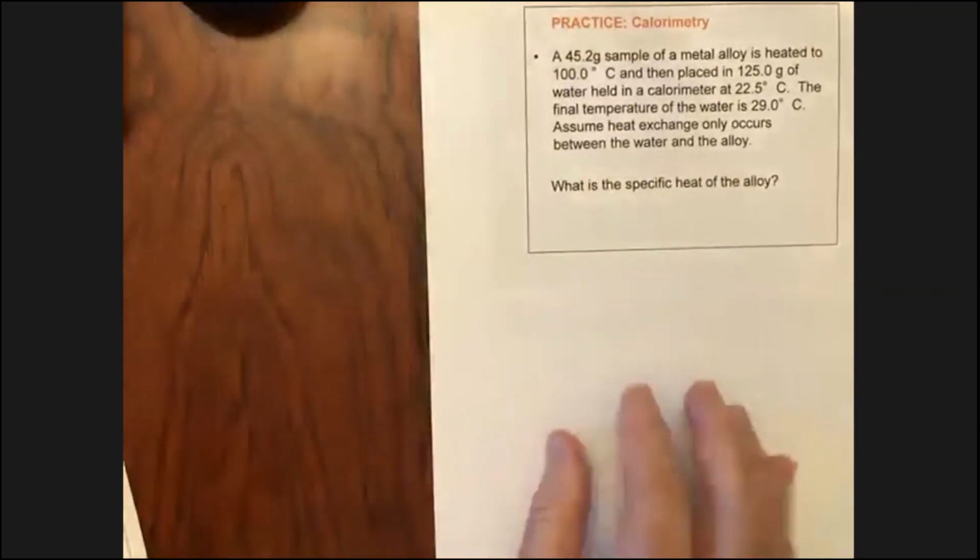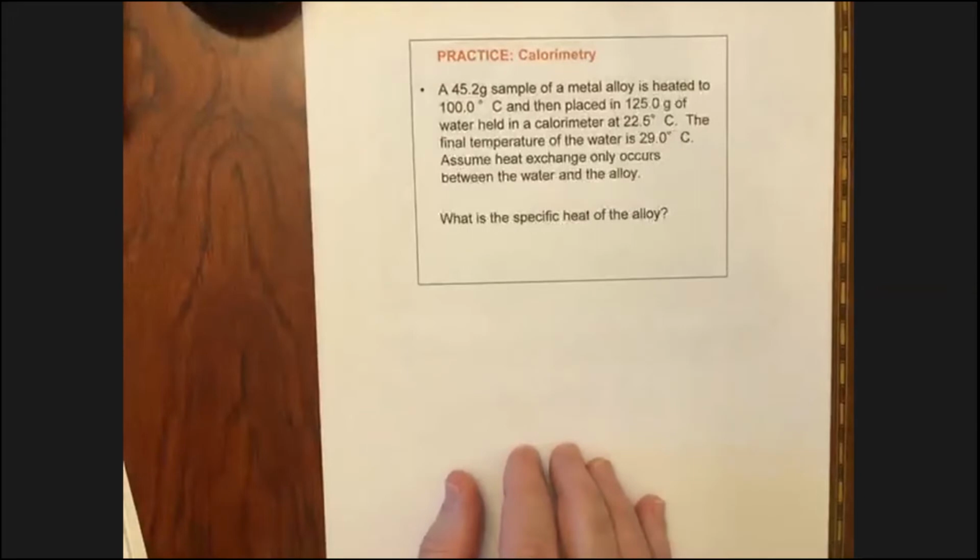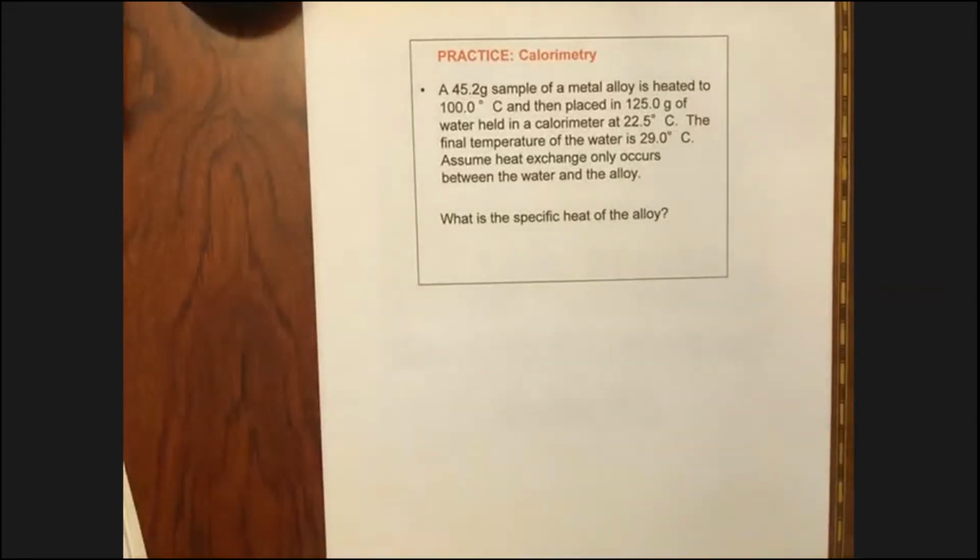We are going to go now to my makeshift doc cam here. And this is the slide that we were looking at. A 45.2 gram sample of a metal alloy is heated to 100 degrees and then placed in 125.0 grams of water held in a calorimeter at 22.5 degrees Celsius.